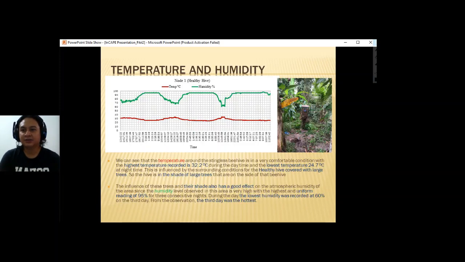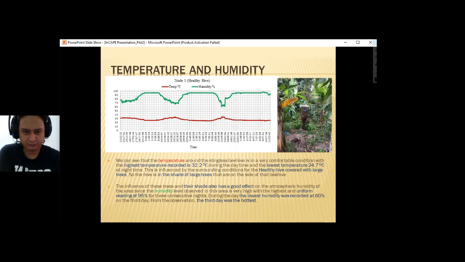Okay, so what we got first is temperature and humidity. We take a look at this data. The temperature around this stingless beehive for the healthy hive, note number 1: the highest temperature recorded is 32.2 degrees, and the lowest temperature is 24.7 degrees. For humidity, 95% for the highest reading and 60% for the lowest.